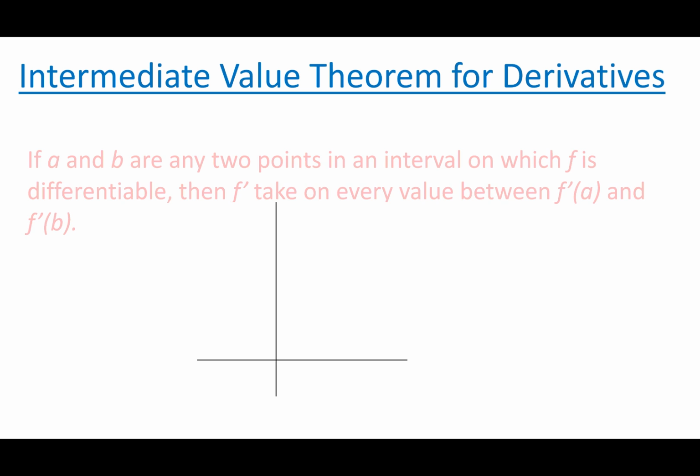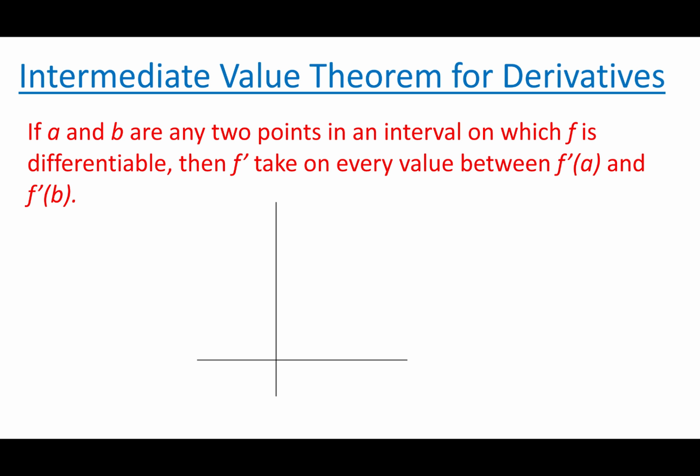All right, intermediate value theorem for derivatives. So we've talked about intermediate value theorem, but now for derivatives. If A and B are any 2 points on our x-axis in an interval in which f is differentiable, and they say f is differentiable, then we know it has to be continuous on that interval.